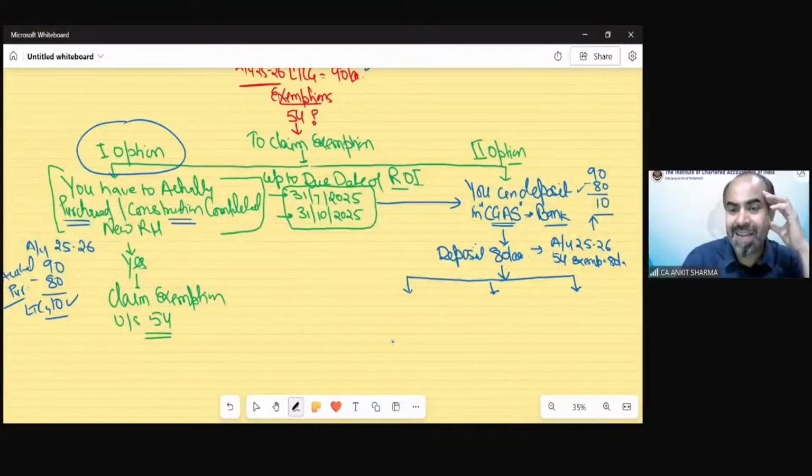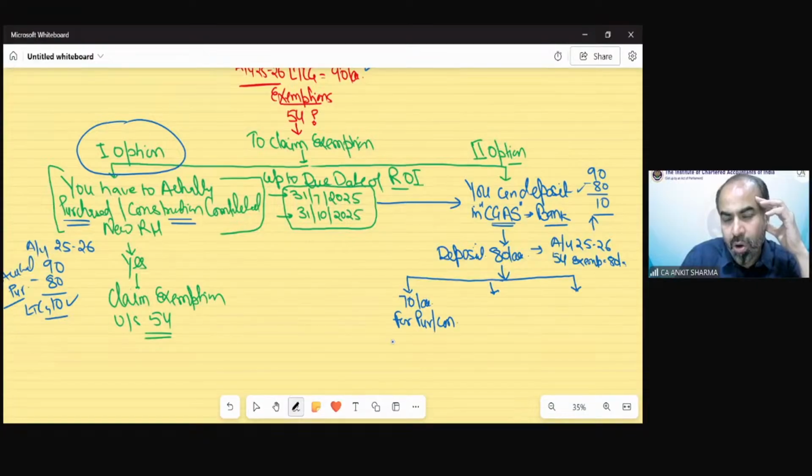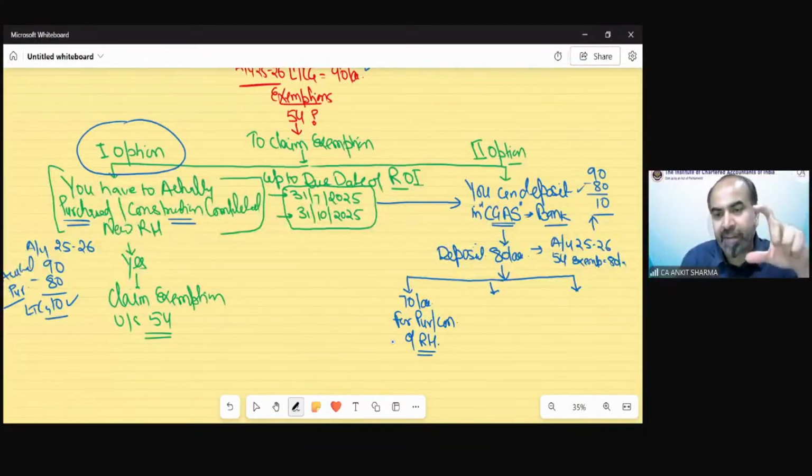Suppose out of this 80 lakh, the assessee utilized 70 lakh rupees for purchase or construction of a residential house, as the case may be, within the time of 2 years or 3 years. Will there be any other treatment for this?